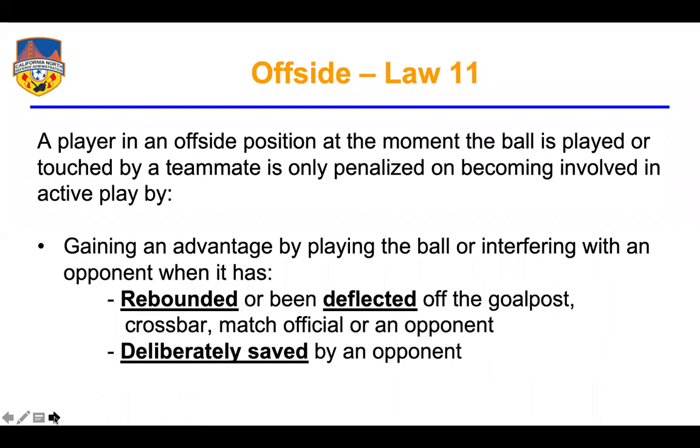So now we have gaining an advantage by playing the ball or interfering with an opponent when it has, number one, rebounded or been deflected off the goalpost, crossbar, match official, or opponent, or it has been deliberately saved by an opponent. Again, in the considerations, we'll describe a little bit more what these things can mean. These are the two definitions that fall under gaining an advantage.